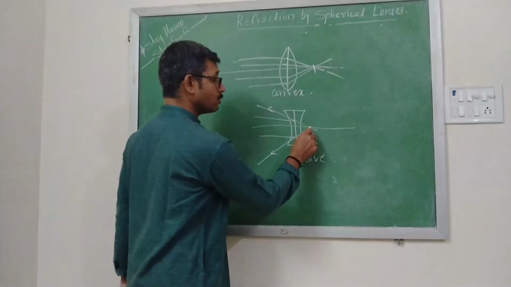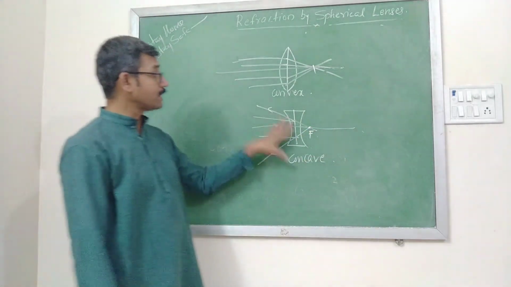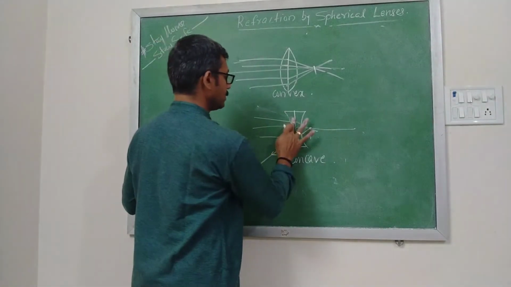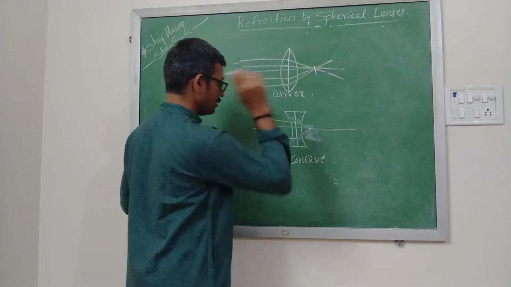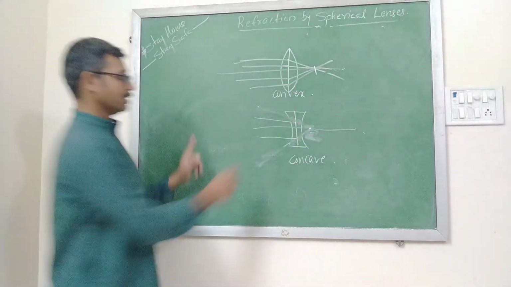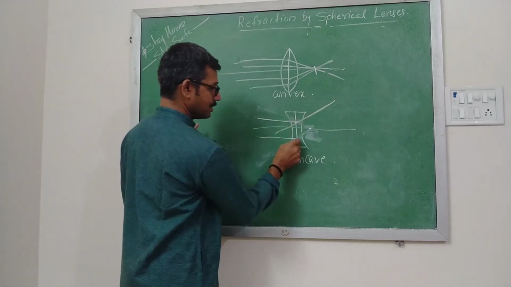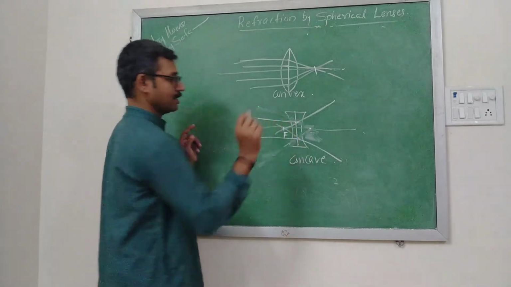That point is called the principal focus. So it is called the divergence lens. Sorry, I drew it wrongly. Think about the mirror: it diverges like this, and it will come like this. So where the focus is, here the focus is.